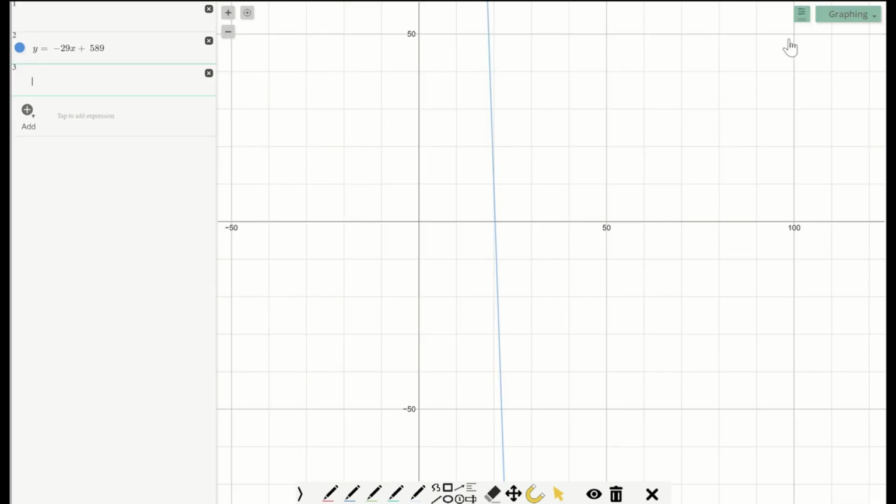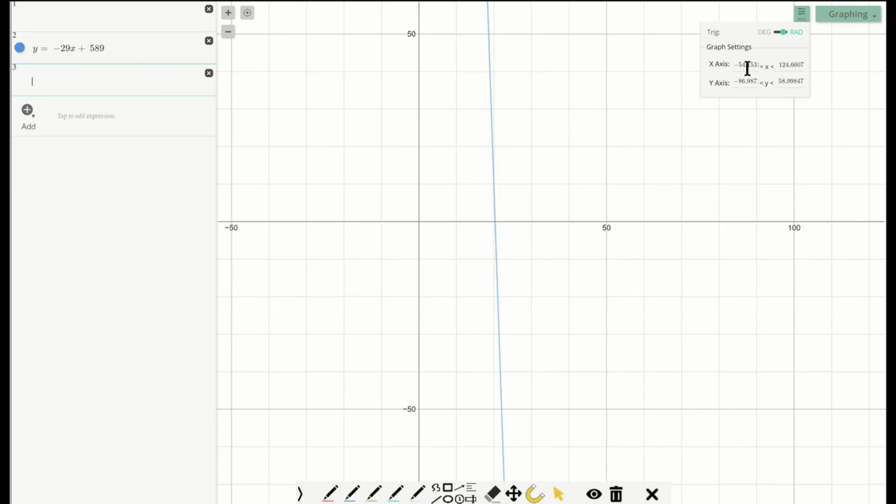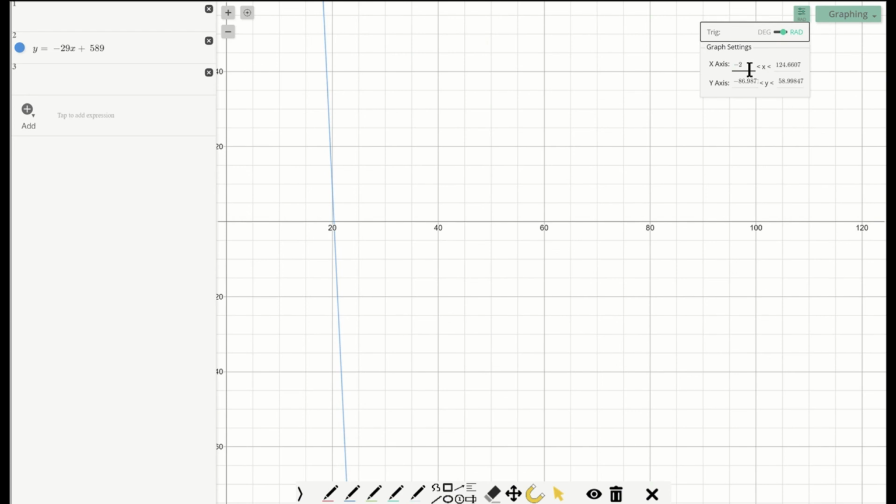You can do that in ClassCalc by specifying it. Remember, horizontally we're going from 0 to 10. My recommendation is to go a little bit to the left of 0, say -2, and a little bit to the right of 10 as well.